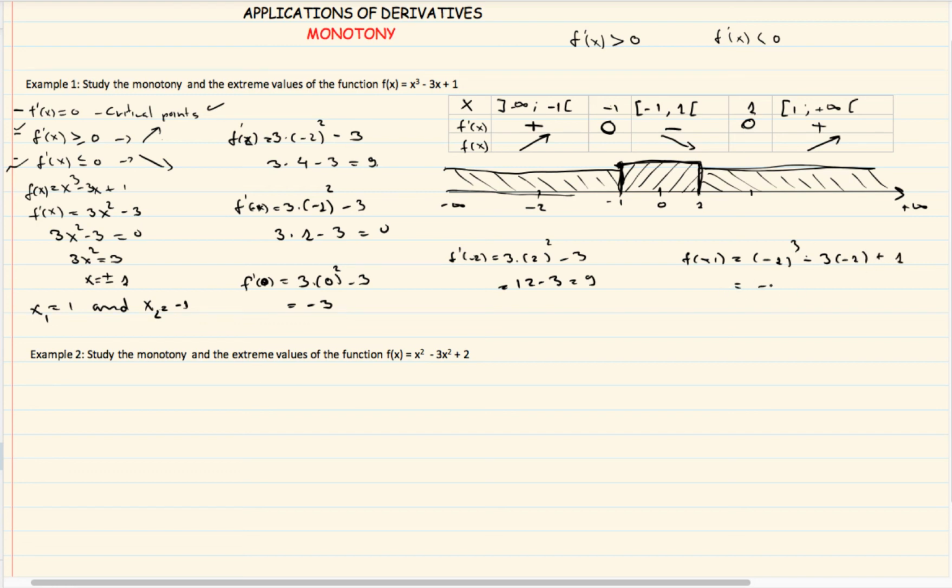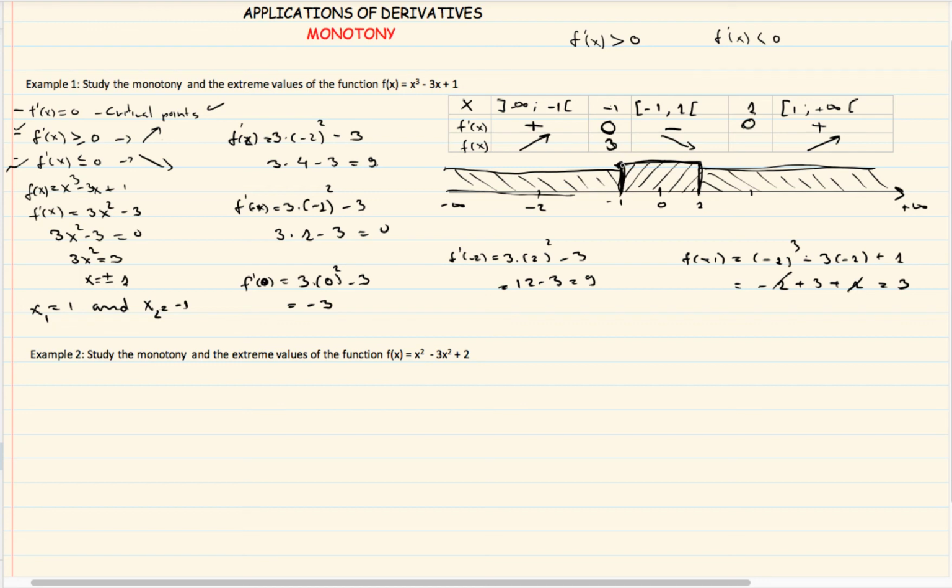So this gives us minus 1 plus 3 plus 1, and we simplify, and then we have 3, which means that at the critical point minus 1, the value of the function is 3, and after this 3 the function stops increasing and it decreases. So 3 is the maximum value of this function. The maximum value of the function will occur at the point x equals minus 1.